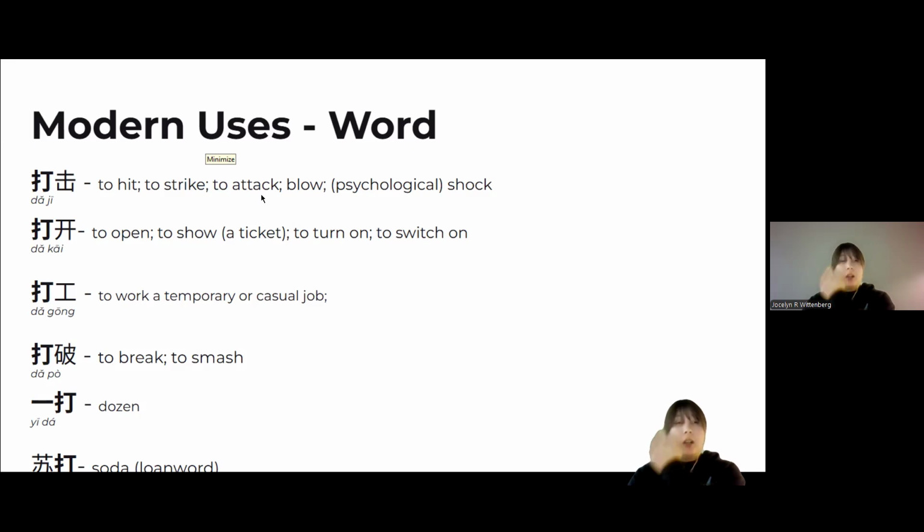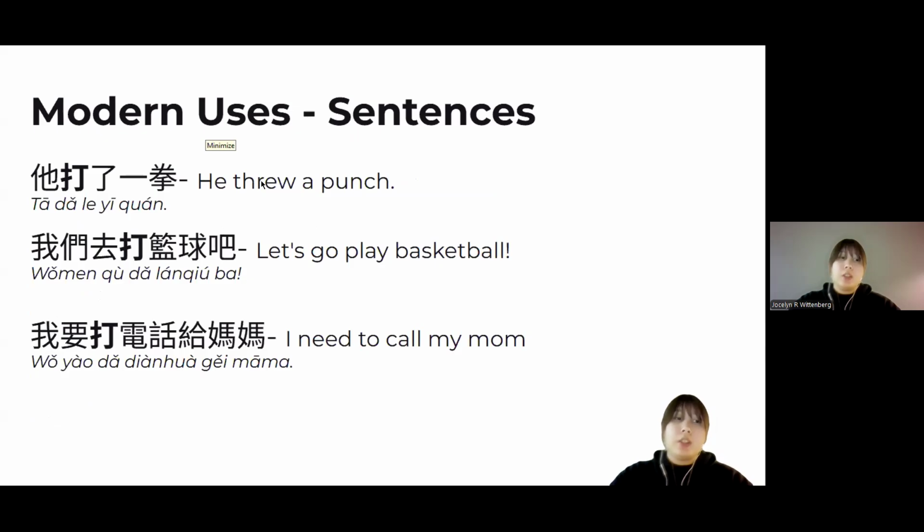Moving on to more of the sentences and modern usages. This is mainly used to show different contexts with just the character da. There are a few different meanings, and they all have to do with hand or some sort of hand movement. So the first one is the hit or physical component that we've seen earlier. The first one we have is 他打了一拳, which is he threw a punch.